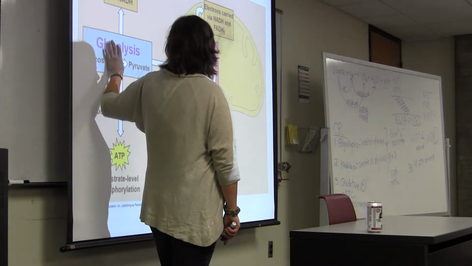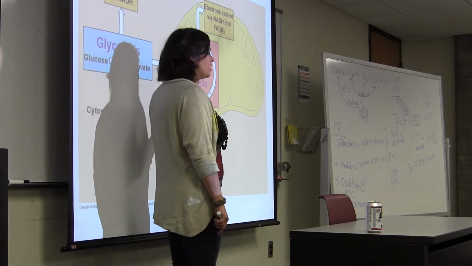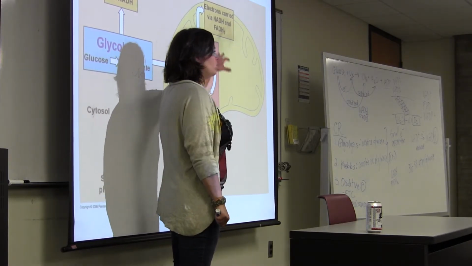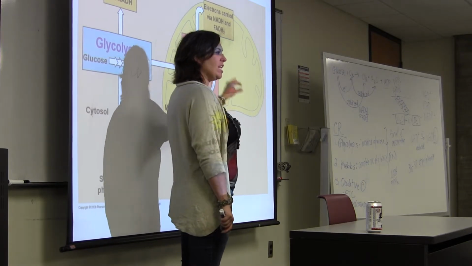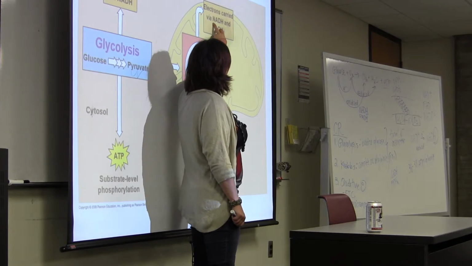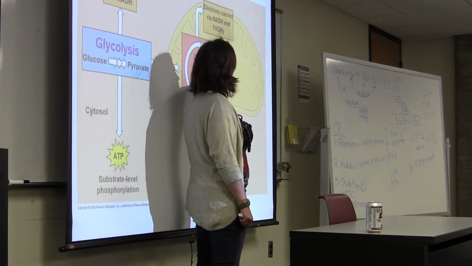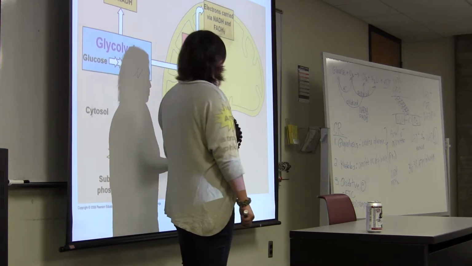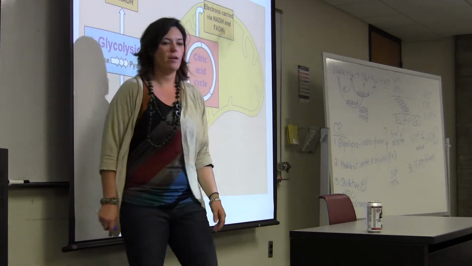Alright, so it's leaving the cytosol once glycolysis occurs. It's going to feed into the citric acid cycle where it's going to continue to have these electrons stripped away from it. And in the meantime, we're loading up our electron carriers, our NADH and our FADH2. And then again, we're making a little bit of energy along the way.